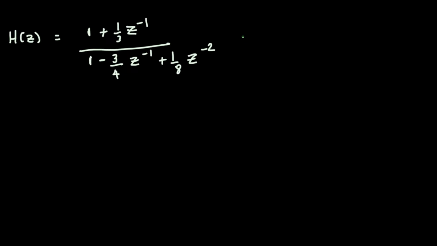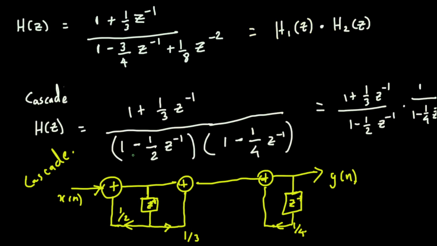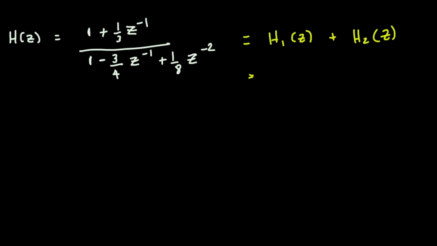We are going to derive H1 of z and H2 of z, but the way we do this one is using partial fraction decomposition. First, we have to do the factoring like before. So we already know the factors, that is 1 minus 1 over 2 z power minus 1. But we put a constant on top as well to do the partial fraction.